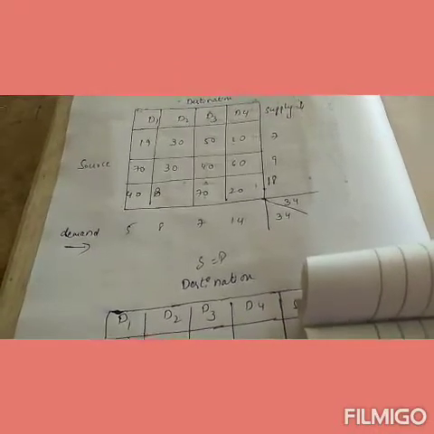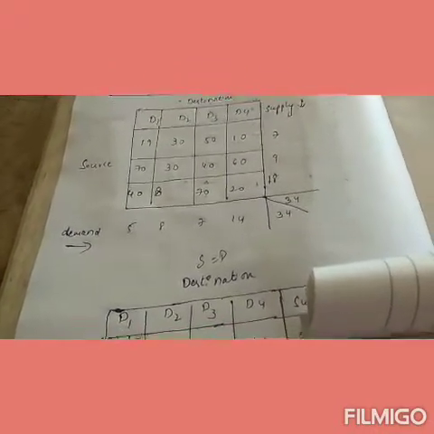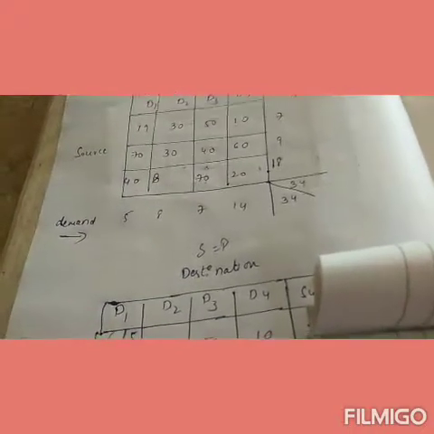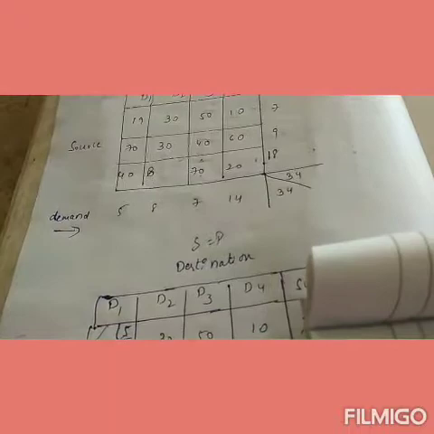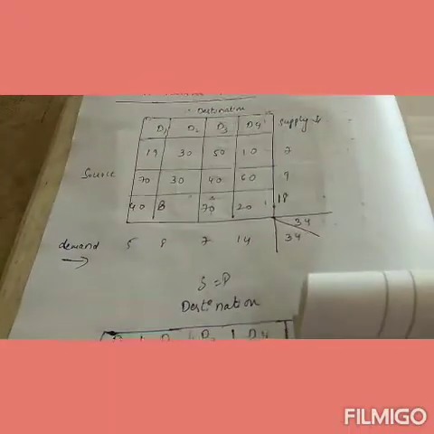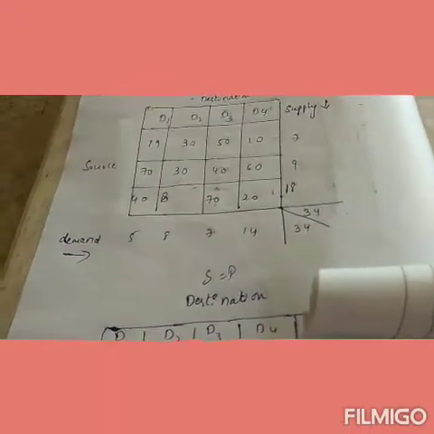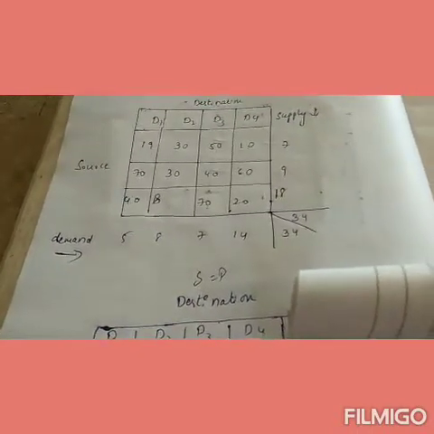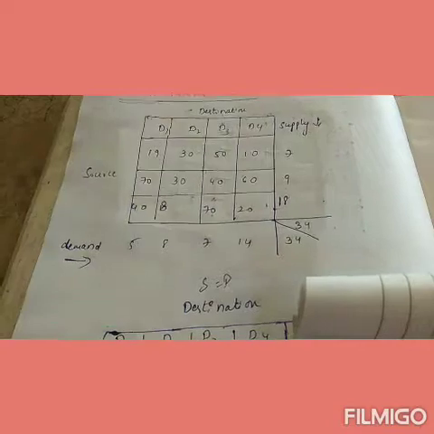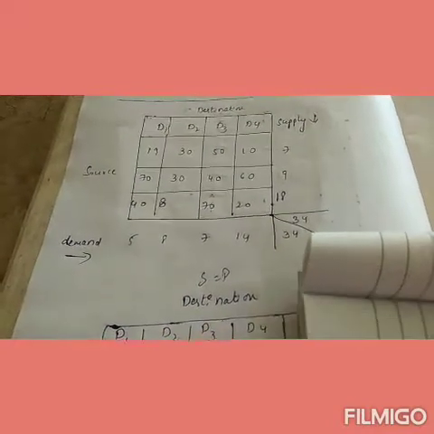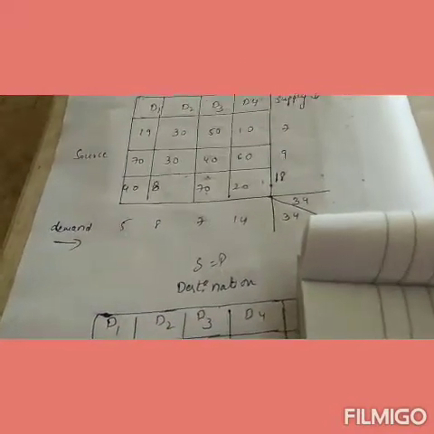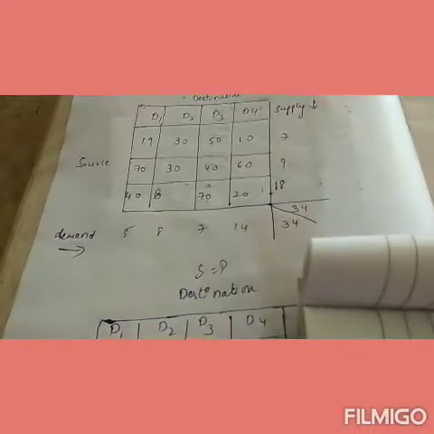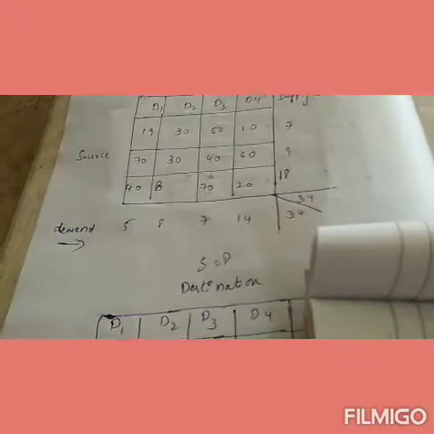Okay, and now come to the supply. Our supply is 7, 9, 18, and the demand is 5, 8, 7, 14.